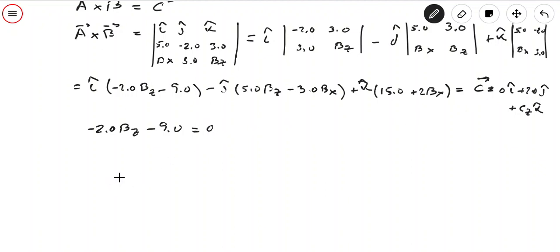This is one equation. We have that negative 5.0 Bz plus 3.0 Bx, this negative sign is reversing the signs inside here, equals 2.0. This is my second equation. And I have another equation: 15.0 plus 2.0 Bx equals Cz.